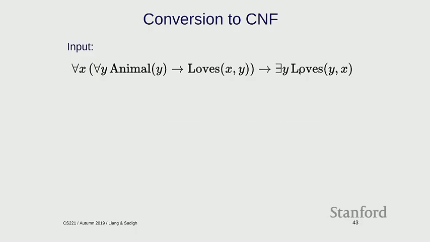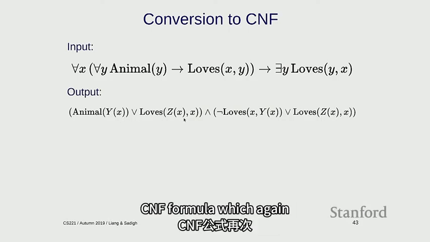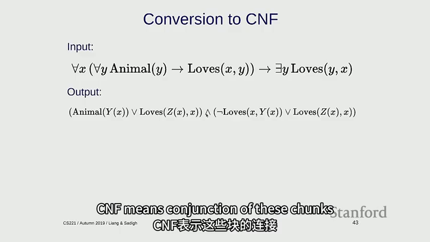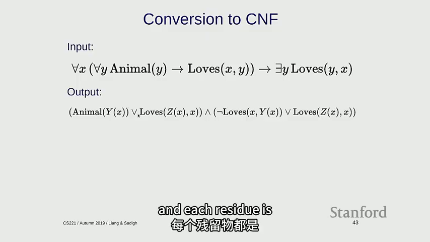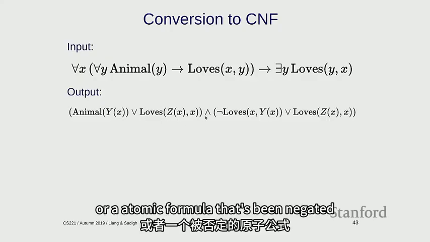And what we want to produce as the final output is this CNF formula, which again, CNF means a conjunction of disjuncts, and each disjunct is an atomic formula or an atomic formula that's been negated.